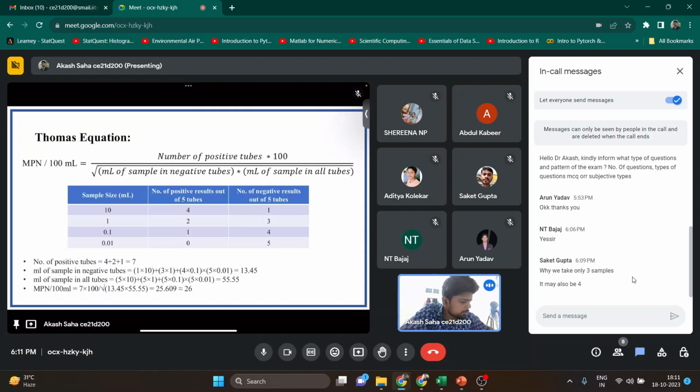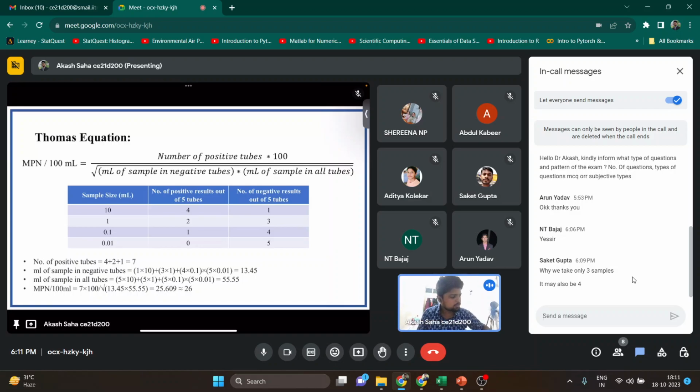Number of positive tubes will be equal to 4 plus 2 plus 1, that is 7. Then ml of sample in negative tubes. So how much sample in negative tubes is there? For the first, 1 into 10, 10 ml, 1 sample is negative. For 1 ml, 3 samples are there. For 0.1, 4 samples are there.